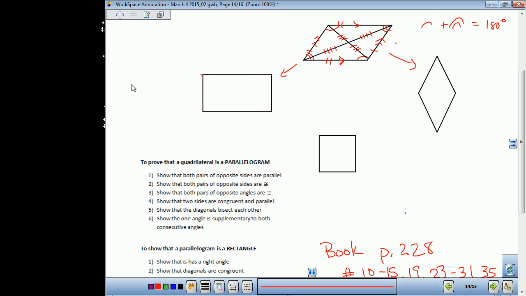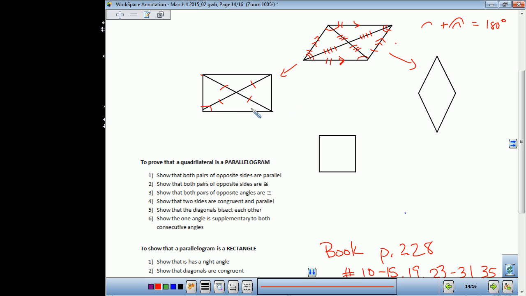Now, if you remember about the rectangle, diagonals are congruent. So when it bisects each other into 4 congruent parts. Okay, a rectangle also has to have a right angle.